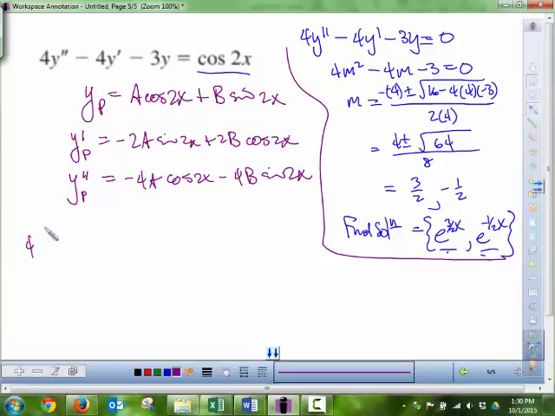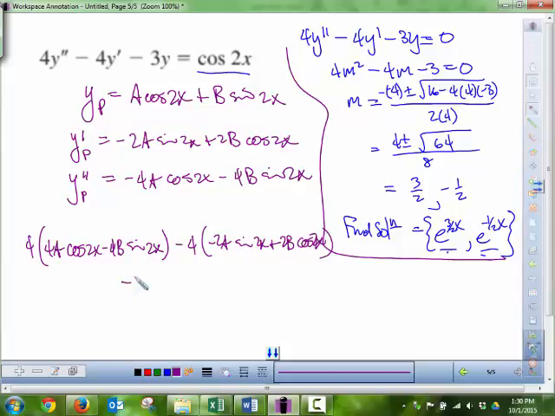4 times this big mess, minus 4 times the second big mess, minus 3 times the original big mess.